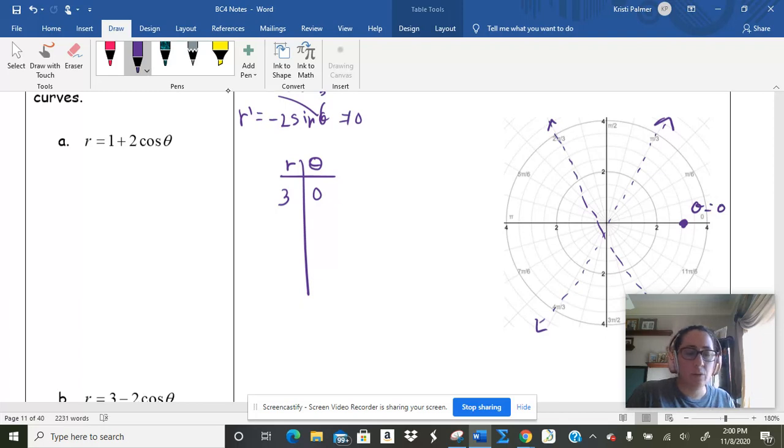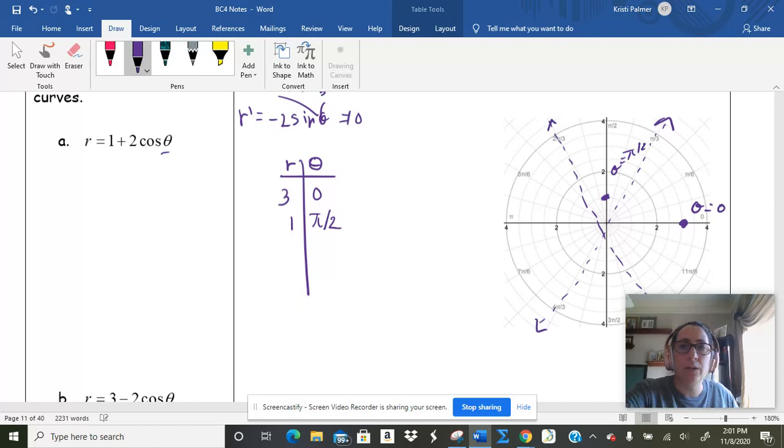You can do pi over 4 if you want, or pi over 6, but I'm going to go ahead and jump to pi over 2 and get the basics, and then if I feel like I need more, I'll go back and get them. So here, plug in your pi over 2, see what you get out. Hopefully you said 1. So now I'm facing pi over 2 and I go to 1.